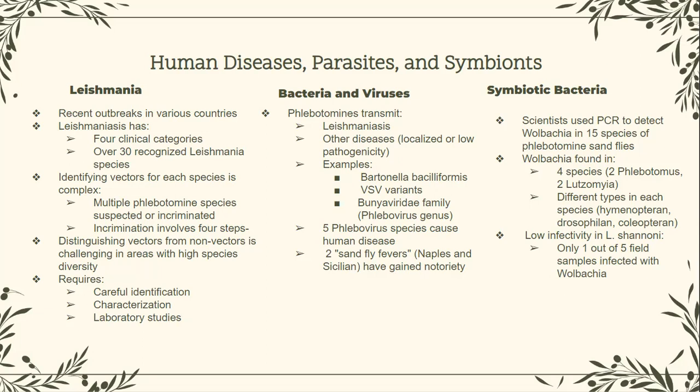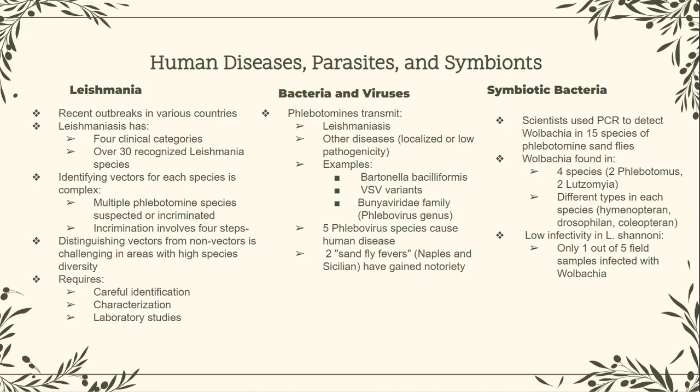The phlebotomines also transmit variants of the vesicular stomatitis virus, an important pathogen of veterinary animals, and the Bunyaviridae family, which contains 23 species isolated from the Old and New World phlebotomines. However, only 5 phlebovirus species are known to cause human disease, and only 2 sandfly fevers have gained some notoriety.